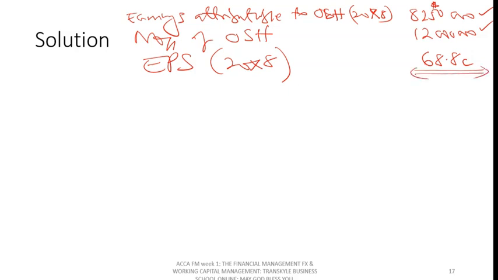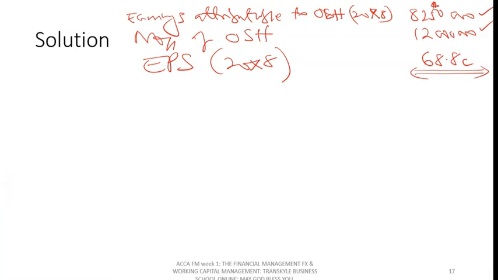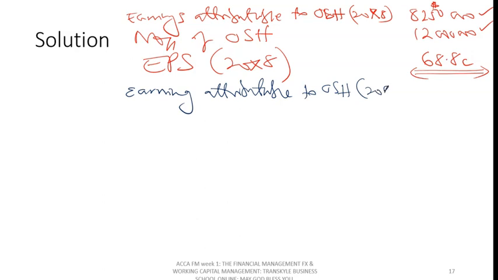Okay, let's determine the EPS for 2009. We start with our earnings attributable to ordinary shareholders, that is for 2009. We are told that it was 8.880 million.